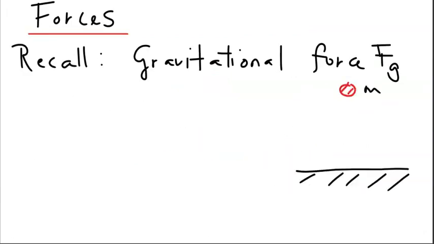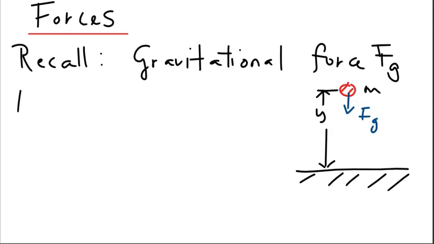Now let's look at how the gravitational force is related to gravitational potential energy. Now let's say you have a mass here above the ground, at a height of y from the ground. Now we know that the force that acts on this mass is its weight, or the gravitational force, Fg.